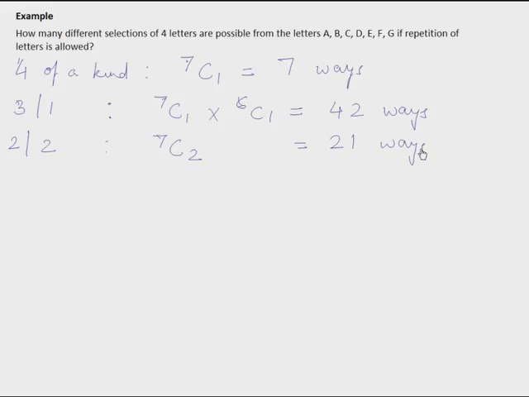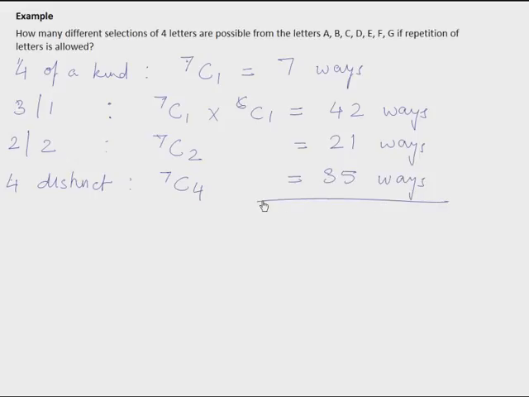And the last possibility is all 4 distinct. In how many ways can I do this? Well, I have 7 letters and I need to pick 4 distinct letters. That's 7C4, which is the same as 7C3, which is 7 into 6 into 5 over 3 factorial, which is 35 ways.